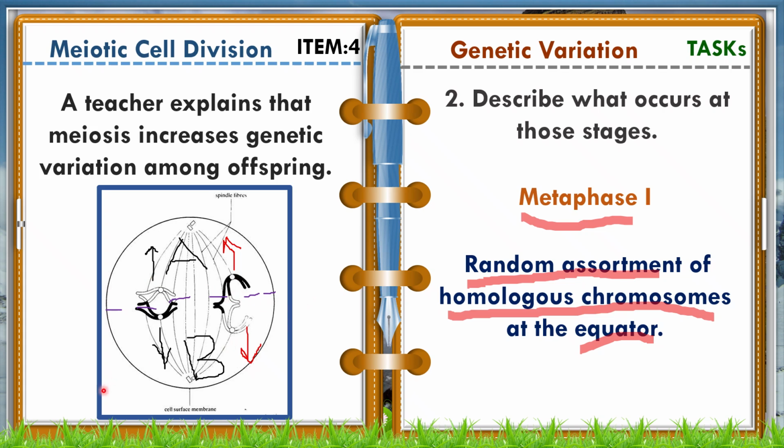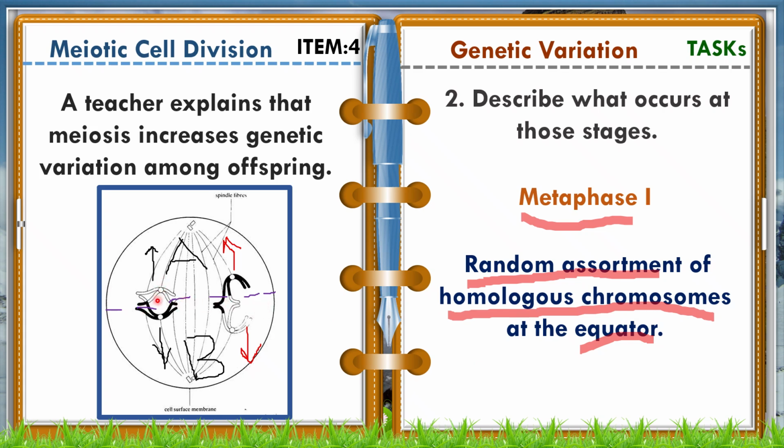Meaning that there wasn't any arrangement, that those ones that are coming from the mother arrange this side, and those from the father arrange the other side. So that is what we call random assortment of homologous chromosomes at the equator. They just arrange themselves anyhow, no order.